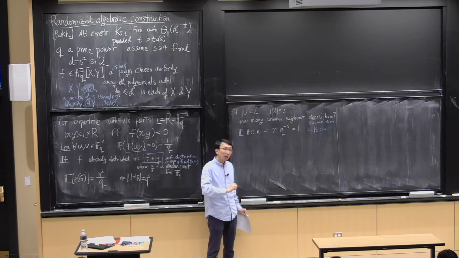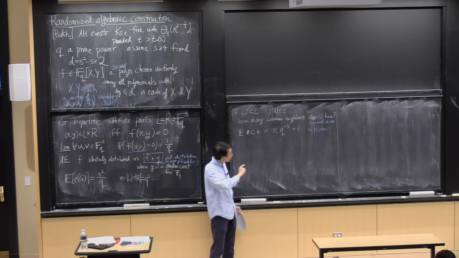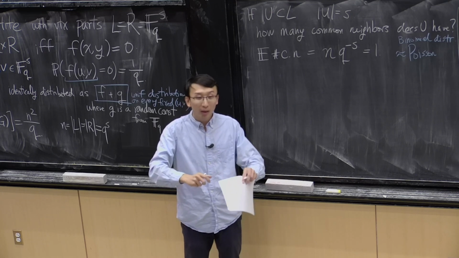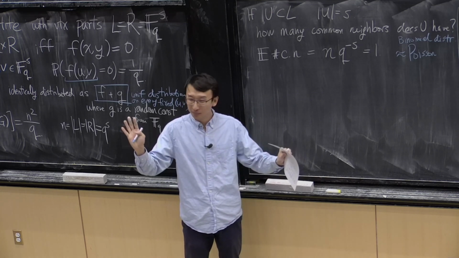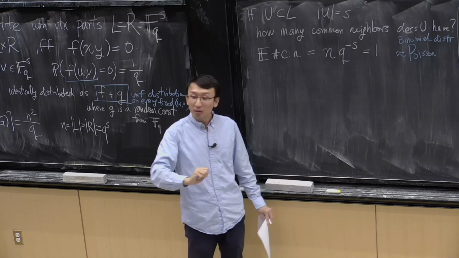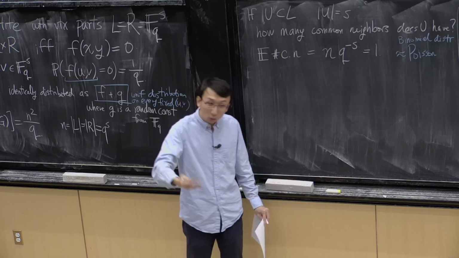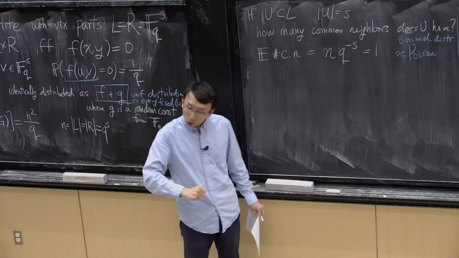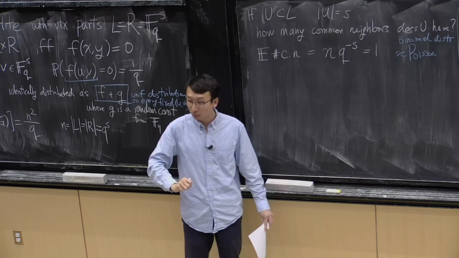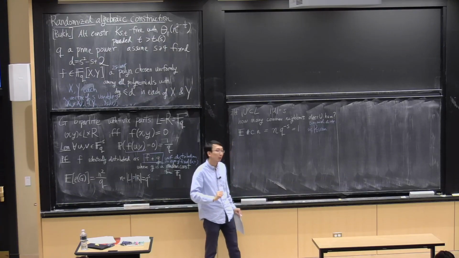It will turn out that either the number of common neighbors is bounded or it is very large. And that means we can show, using some Markov inequality, that the probability that it is very large is quite small. So typically, it will not have many common neighbors.